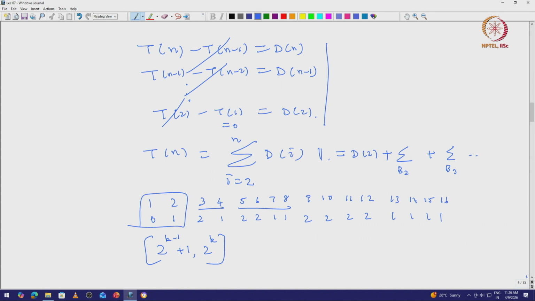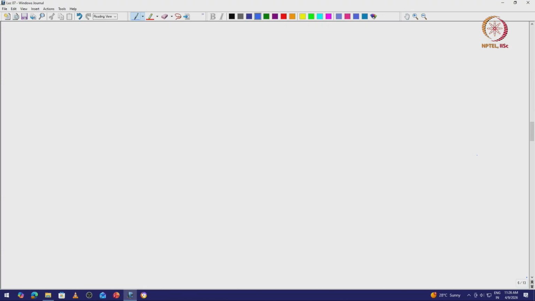This is 2 power 3. Therefore, the kth block Bk defines 2 power k minus 1 plus 1 to 2 power k.